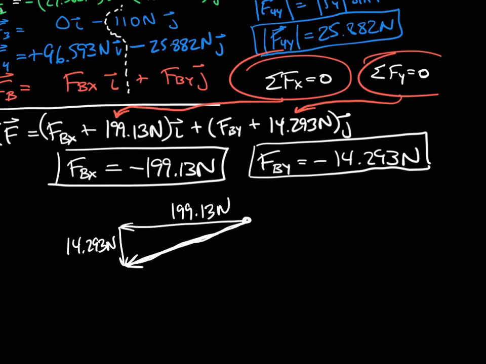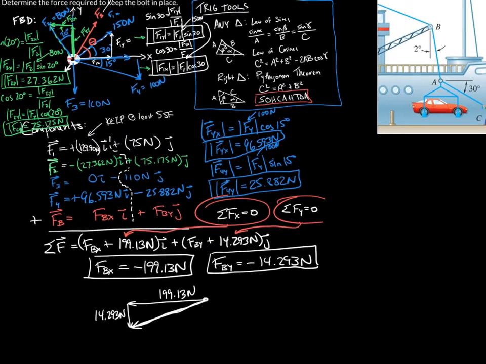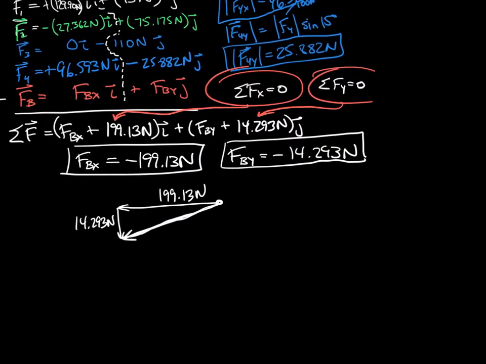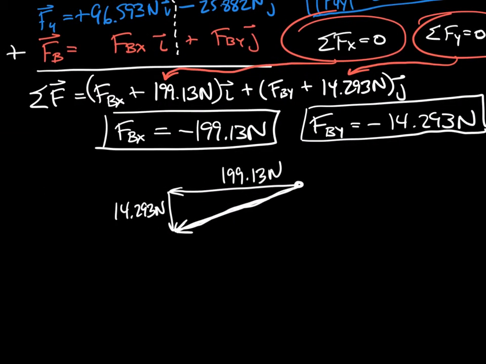Now how do I get that side of that triangle? Well, let's go up to our trig rules. That's a right triangle, so I can use the Pythagorean theorem, and I can use SOHCAHTOA. I can use the other ones if I need them. We're just going to see what we need. So the first thing I want to get is the magnitude of this side.